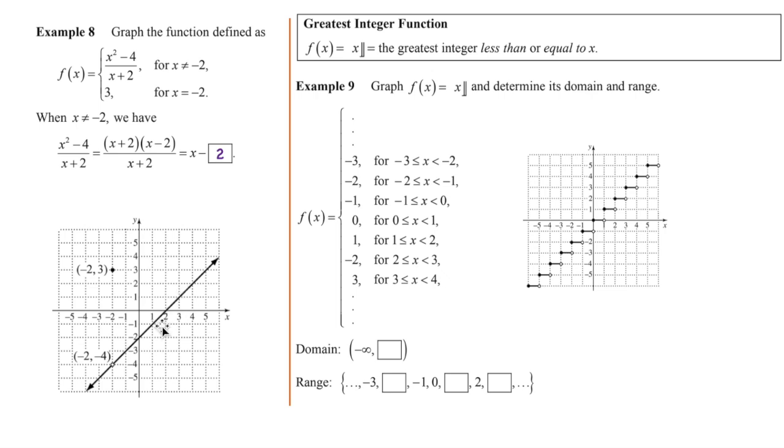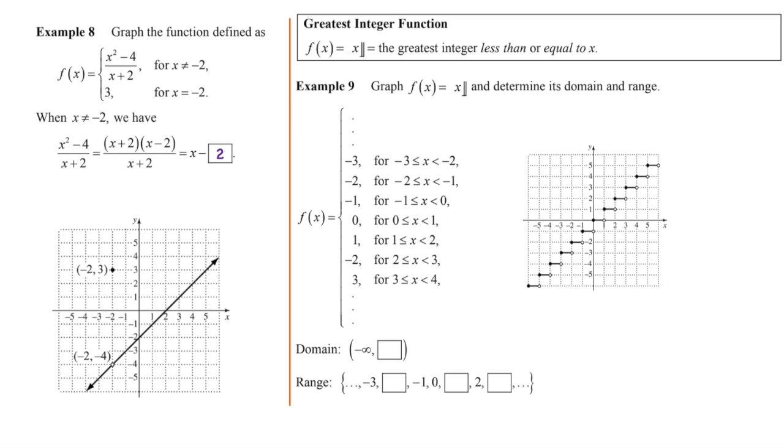The only difference is that at the value of -2, we're going to have a hole, because we know in this particular equation we can't have x be equal to -2, so we just kind of skip that. There's a hole in our graph. So instead of our point being at -2, 4, it tells us in our function up here that our graph is really -2, 3 at that point.